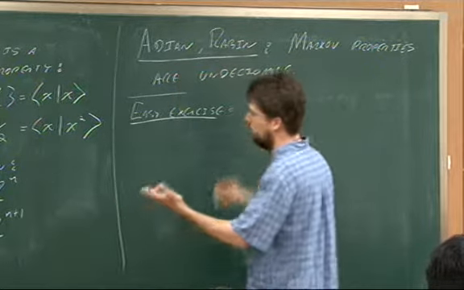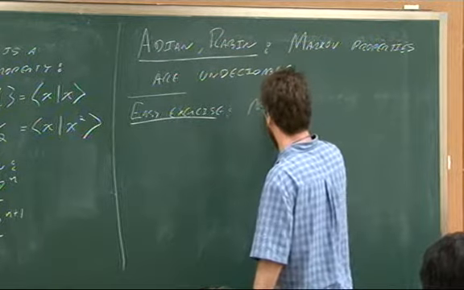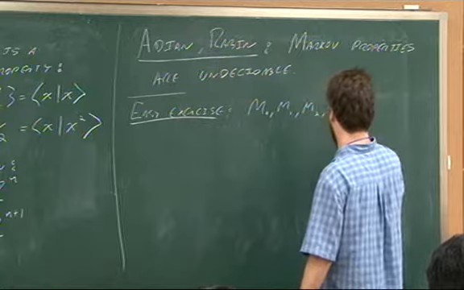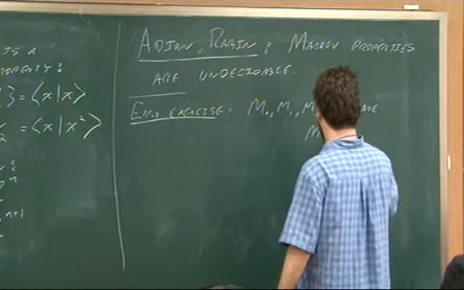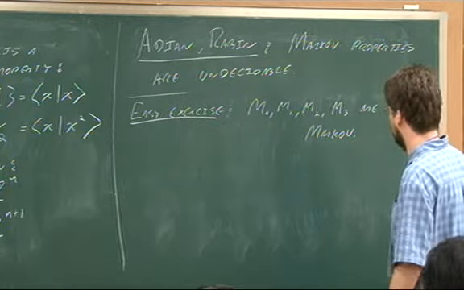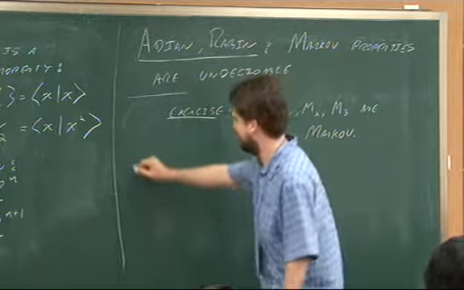So I haven't talked about M1, M2, and M3, but you can do those. These are Markov. You might need to know some three-manifold topology to do M3. Just write exercise.